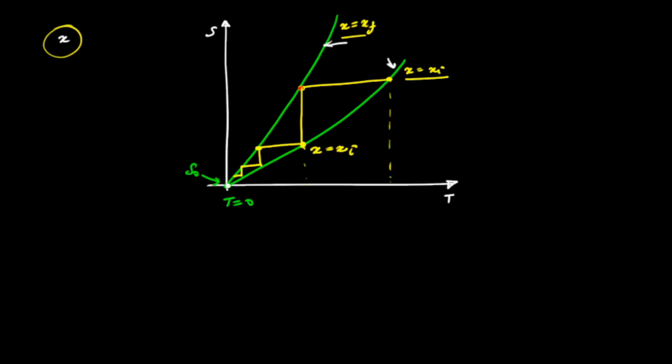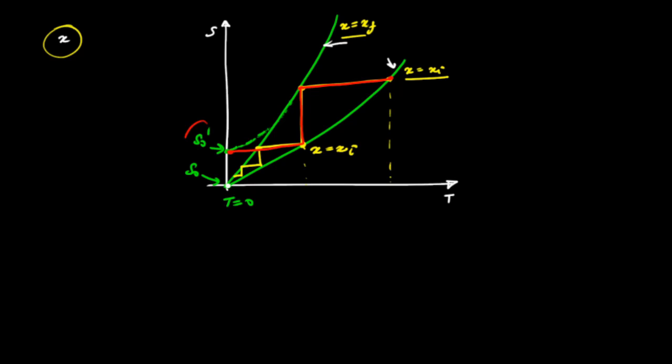Had this not been the case, for example, if the line for constant X for X equals xf at T equals 0 had a different limit than S naught, let's say it had this limit, let's call this S naught prime for xf, then what one could do is one could simply start from this point and continue up till here.